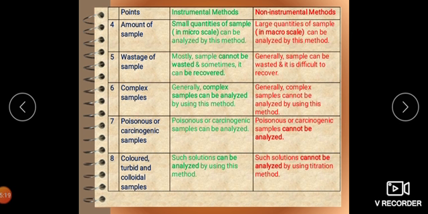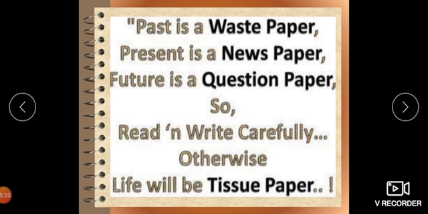And colored samples, turbid samples, colloidal types of samples we can analyze only with the help of instrumental methods, not with the help of non-instrumental methods. These are the points under comparison.